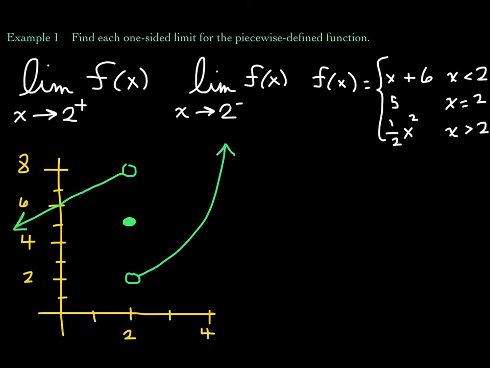All right, here's the graph. This is the diagonal line. That is the first piece. It's x plus 6. Notice that it's only defined for x values that are strictly less than 2. There is an open circle here. This is the constant. I did say that it was going to be a horizontal line, but this constant is only defined when x is equal to 2.